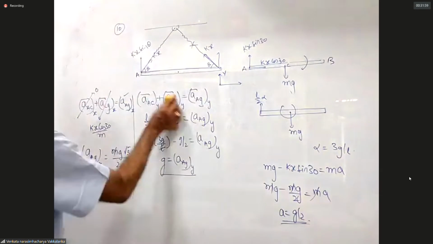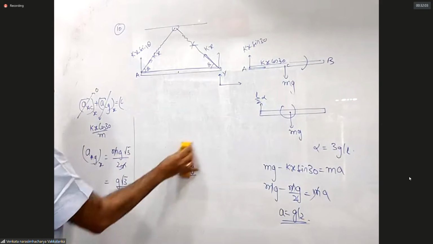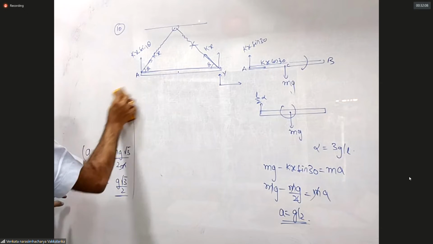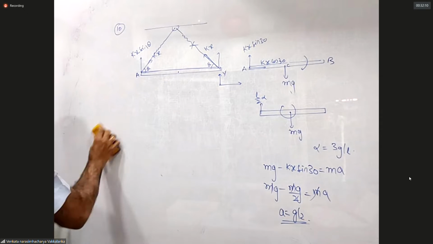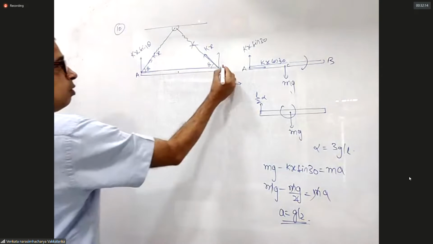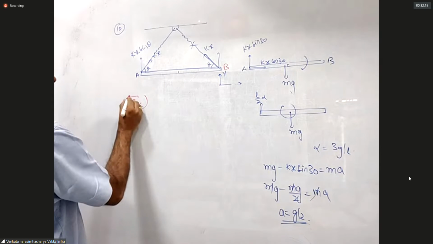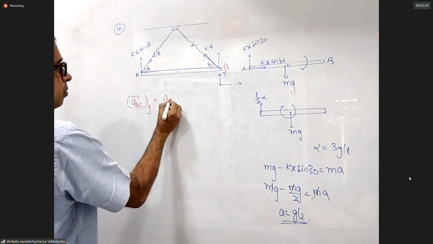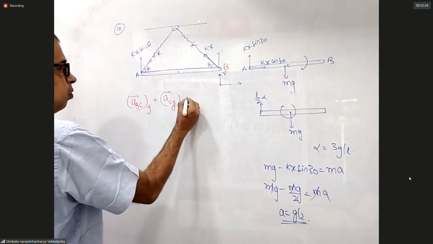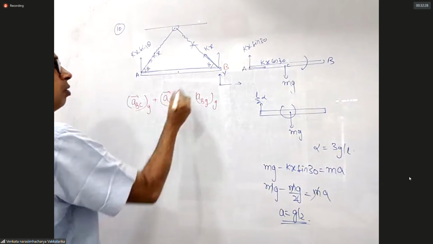Now acceleration of B on the same lines, along the x-axis, along the y-axis. Acceleration of B with respect to center of mass along y-axis plus acceleration of center of mass with respect to the ground along y-axis is acceleration of B with respect to ground along y-axis.